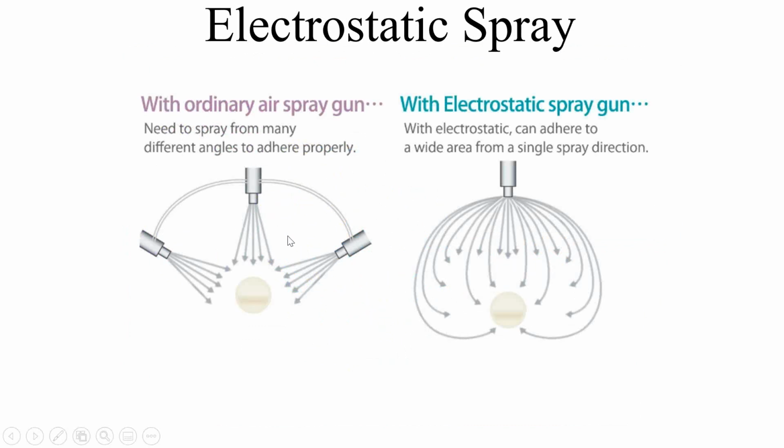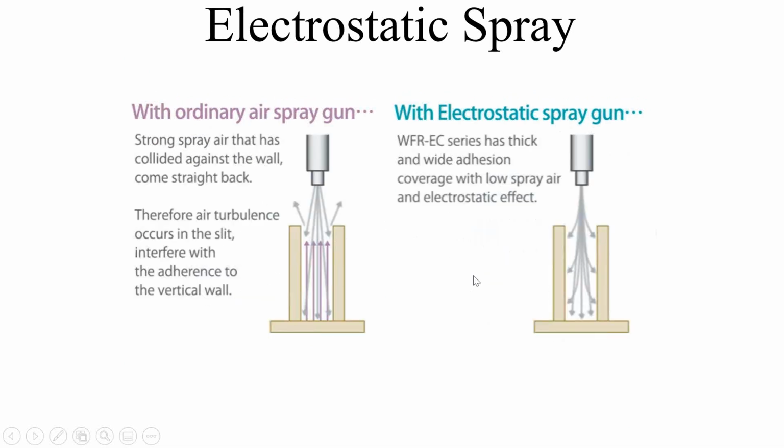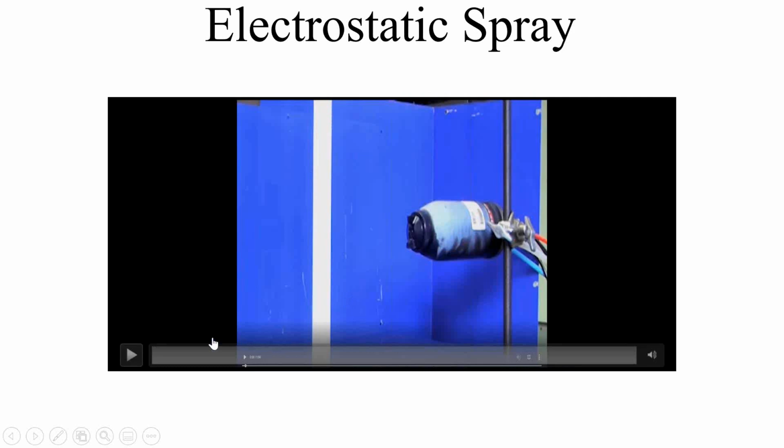So rather than spraying from multiple locations, these charged particles have the ability to wrap around and spray completely. So when you're spraying down into hidden holes, if it's electrostatic, you can get adhesion instead of having any material bounce off or get blocked because of air turbulence.